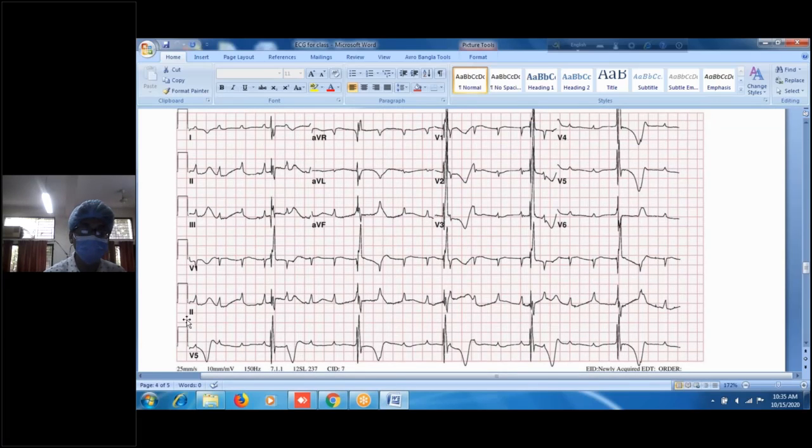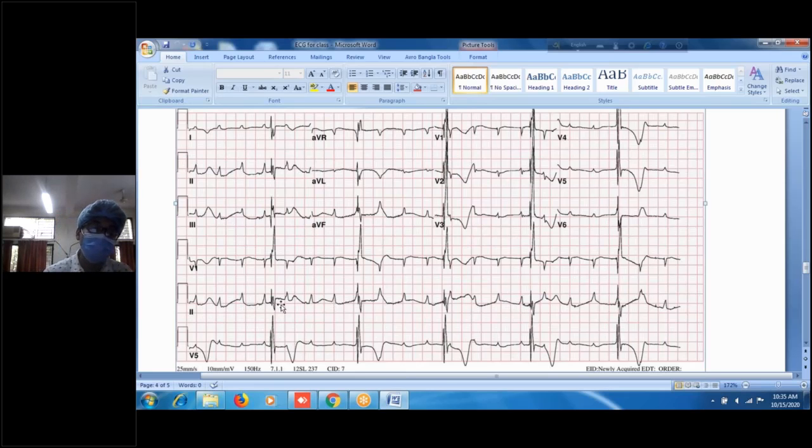Again, you look for the rhythm strip, that is lead 2 here. V1 also has been shown with a long strip, and V5 also has been shown with a long strip. We go to lead 2.